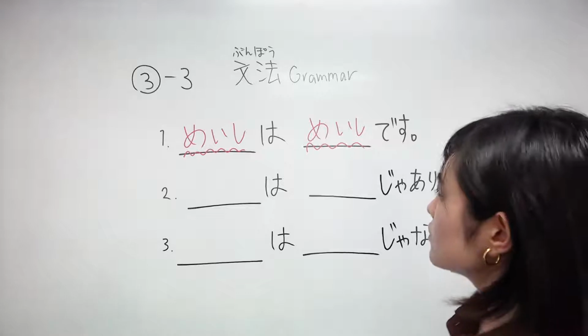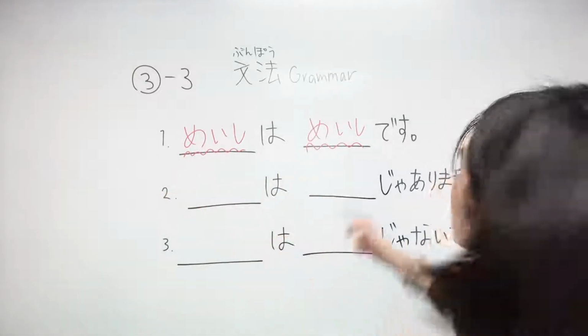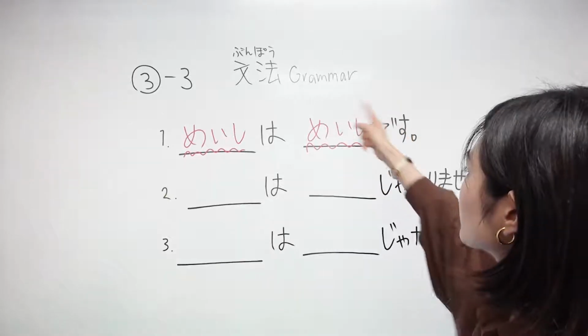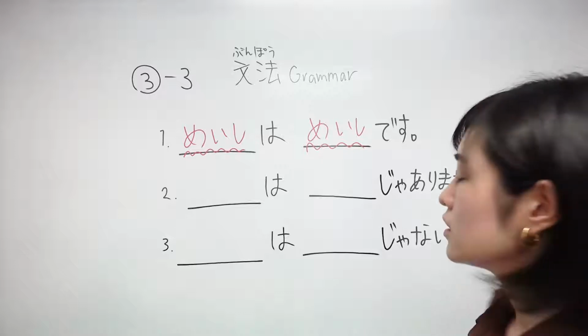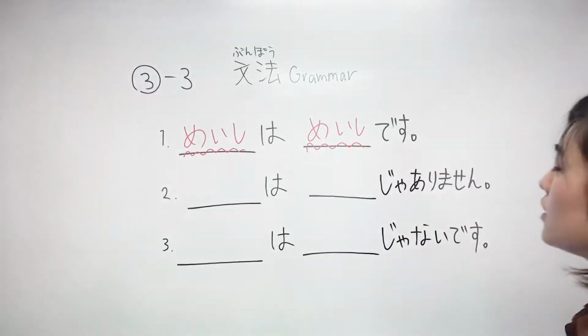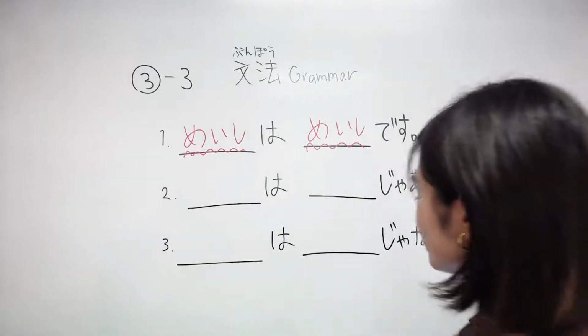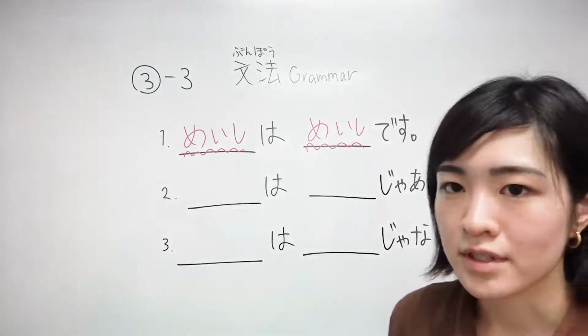So you can put nouns before は and before です. This is usually something used in self-introductions or when you want to explain something. Okay. It's the same as number 2.